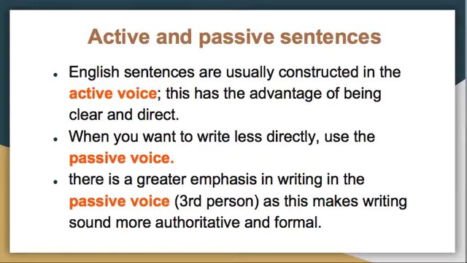When you want to write less directly, like you want to shift the focus, you write in the passive voice. In the passive voice, the focus is on the third person, and this makes writing more authoritative and formal.